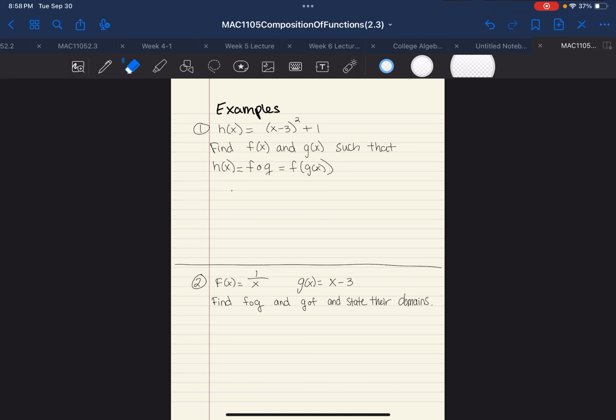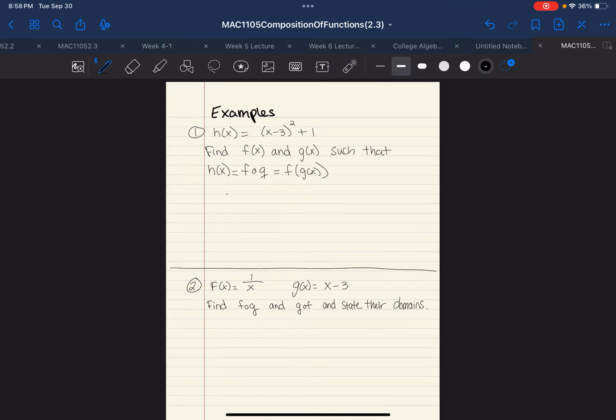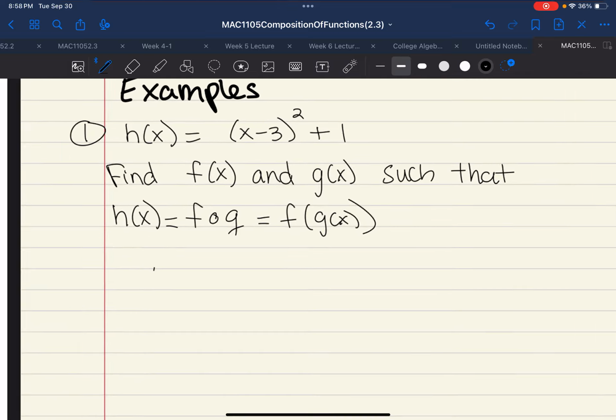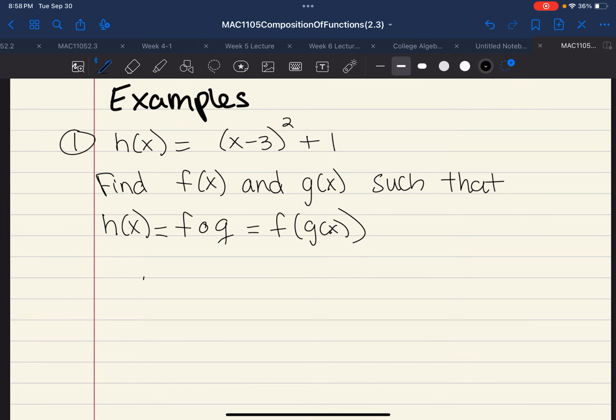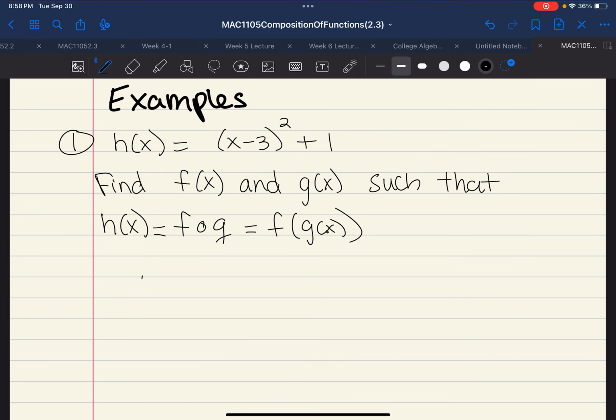All right, I have 2 more examples here that I just want to do real quick, just to make sure we're understanding these for our homework. So my first example is giving me h of x and saying that that's equal to x minus 3 squared plus 1.